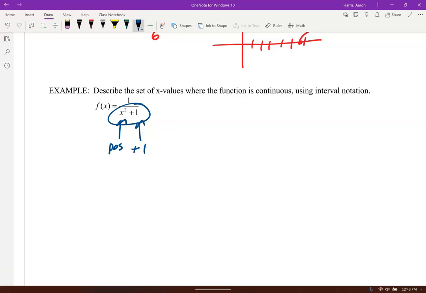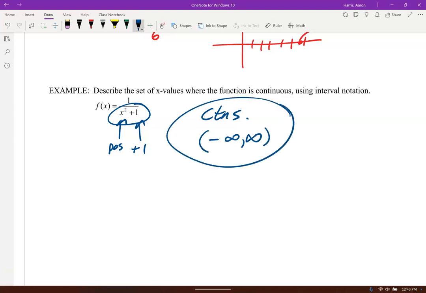So anything I plug in for x, it doesn't matter. Positives, negatives, zeros, fractions, whatever it may be, I'm always going to have a positive number on the bottom. So I have no restrictions here, actually. So we just say, hey, this thing's continuous on the whole domain again. Negative infinity, positive infinity. I don't have any issues with that.